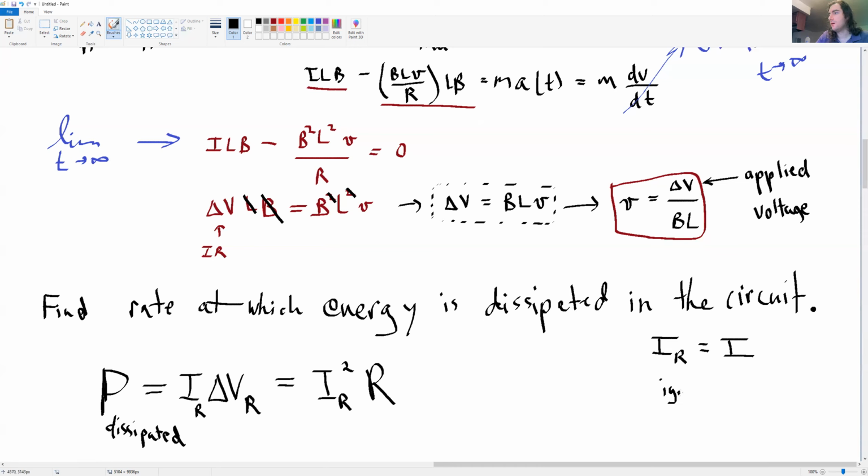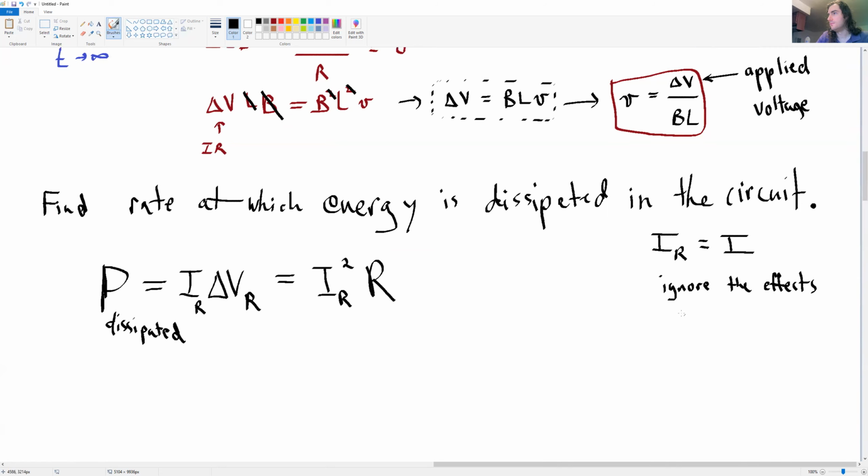So ignore the effects of the induced current here.